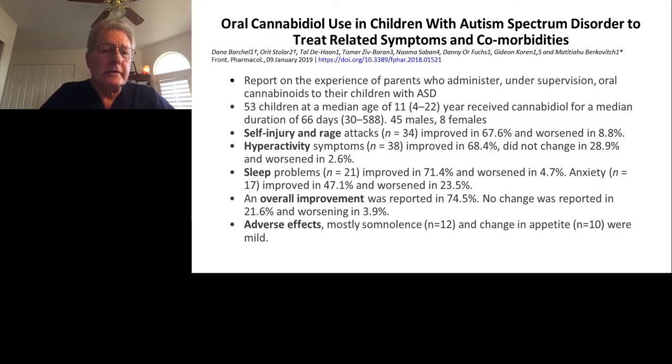But look at self-injury and rage, hyperactivity, sleep, a profound problem with autism spectrum disorder, and just overall improvement. These are high 60 to low 70% improvements in the use of cannabidiol in this patient population. Profound.